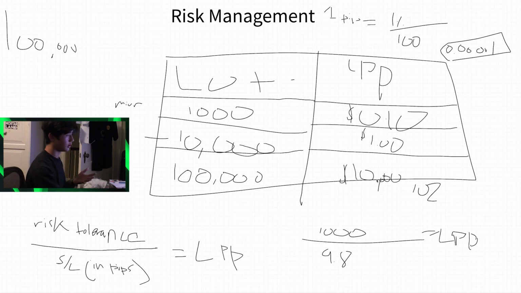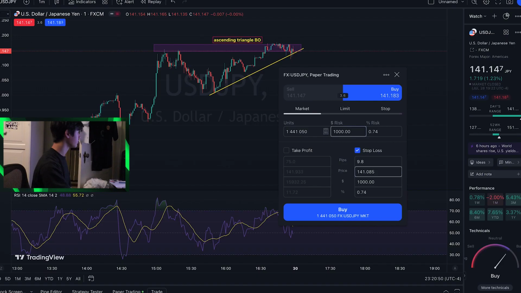So if the loss per pip for one lot, for 100,000 units, is $10, then a loss per pip of $102 is, well, it's going to be roughly $1,400,000.